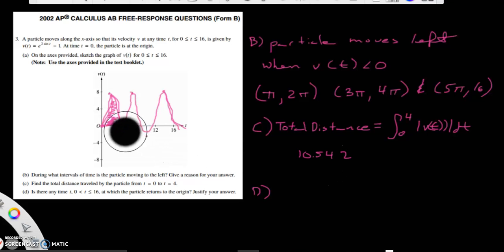So that black area is not equal to that pink area. Well, that little black area right here. So that's not equal.